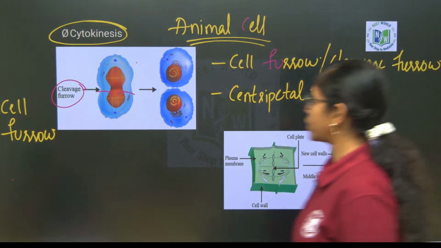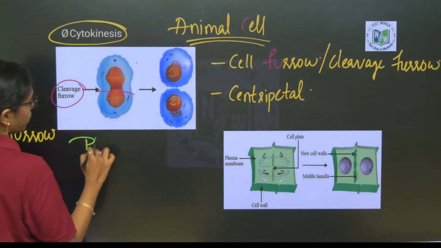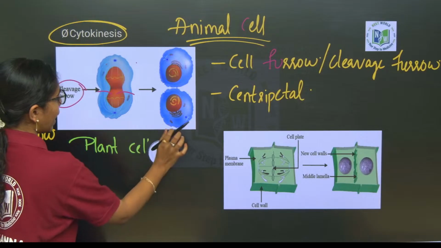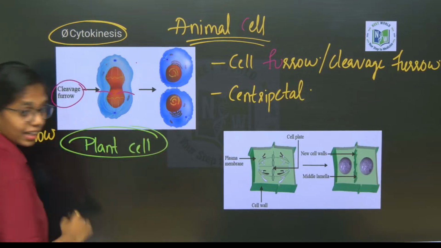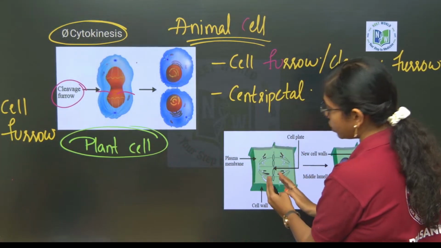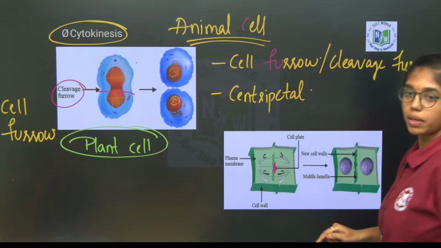Clear, right? Next is in plant cell. In plant cell, it is not as simple as how it happens in an animal cell. So, see carefully. First, in between two cells, at the center, phragmoplast will be formed.